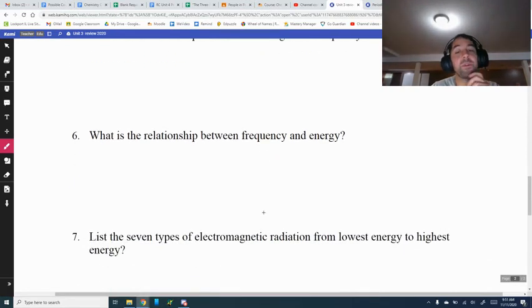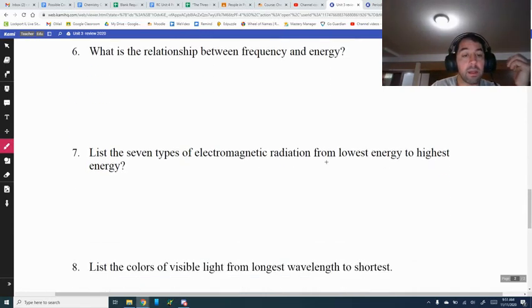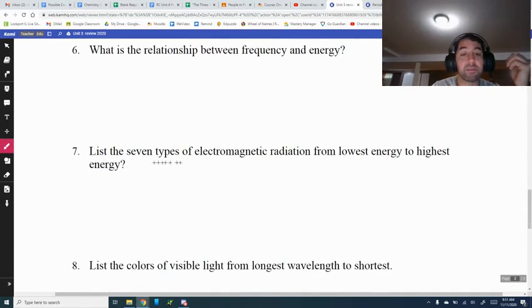What is the relationship between frequency and energy? As our frequency increases, energy also increases. And then next one, list the 7 types of electromagnetic radiation from lowest energy to highest energy. I'm going to go slow. First one is radio waves. That has the longest wavelength, therefore lowest energy.